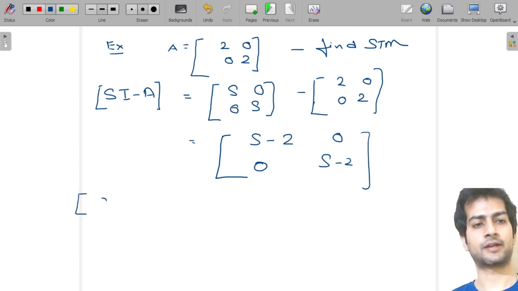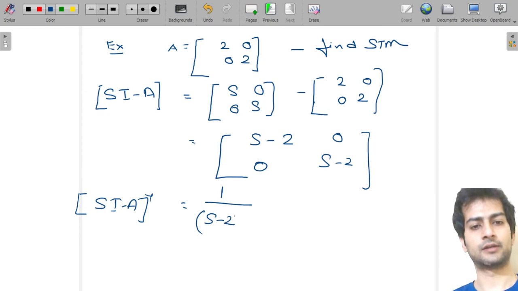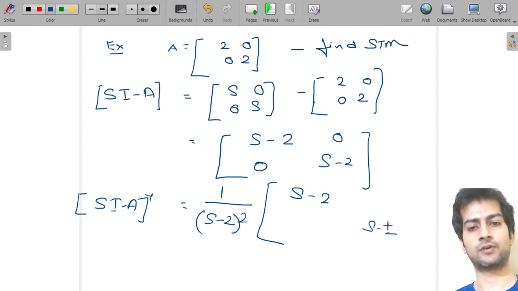Now if we take its inverse, we know that it will be 1 by determinant. These two will interchange, so it will come like this only, and in these two there will be a sign change.